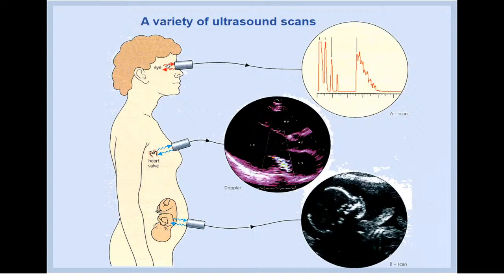The reflections, or echoes, from different structures are then detected and analyzed, yielding information about their locations. There are several different modes of display. And you can see here that the motion of the object may be investigated as well.